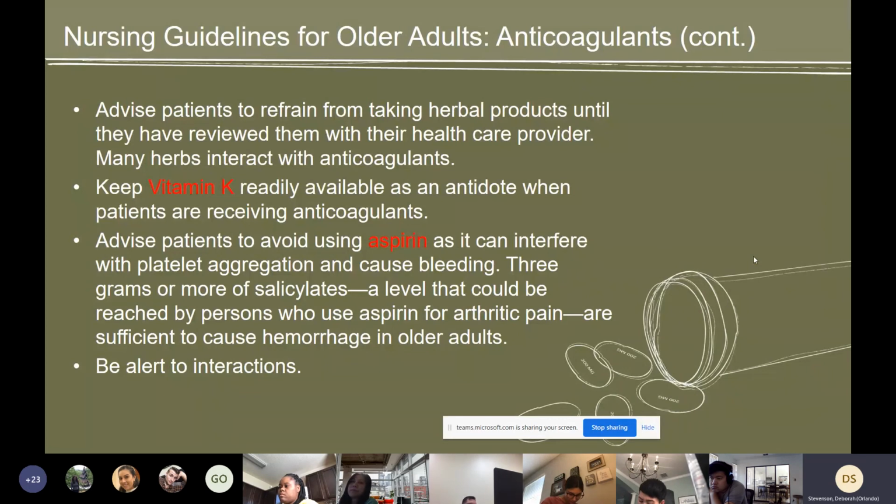Maybe they're on a low dose aspirin because of a heart attack or something, and they're going to put them on a low dose aspirin. That still is enough to potentially cause an increase in bleeding. So again, there are those benefits and risks that could possibly be a problem. So the doctor has to decide if it's more beneficial or there's more risk. So your teaching and understanding these things is so important.